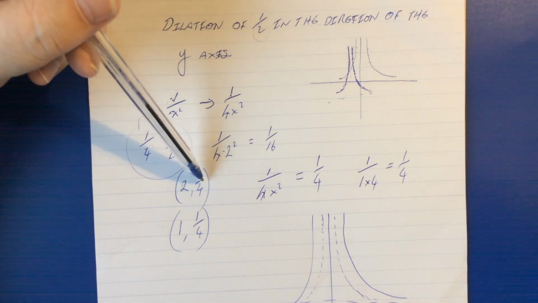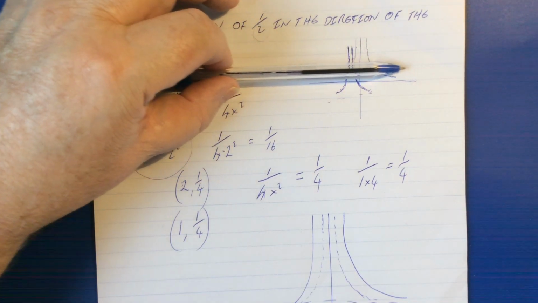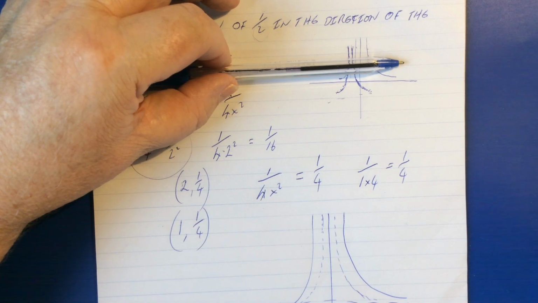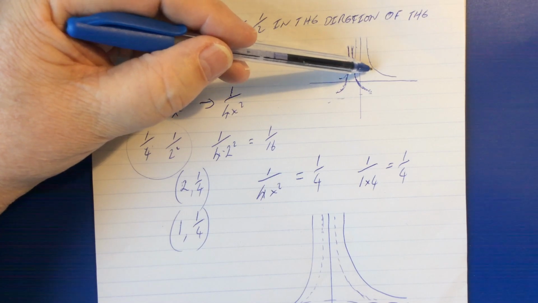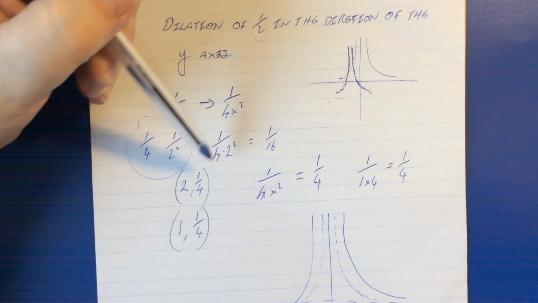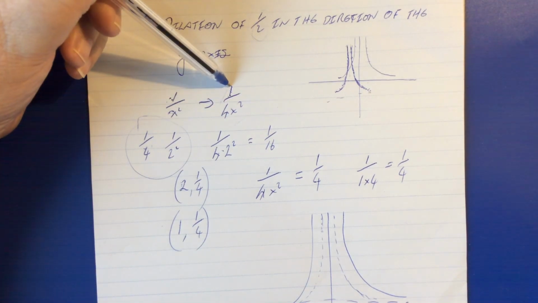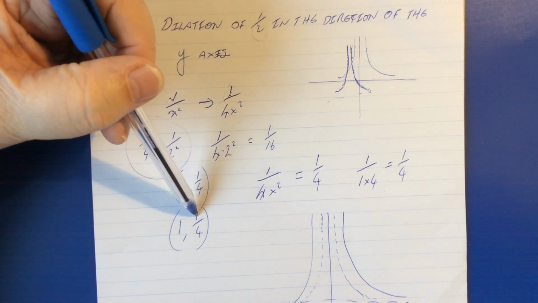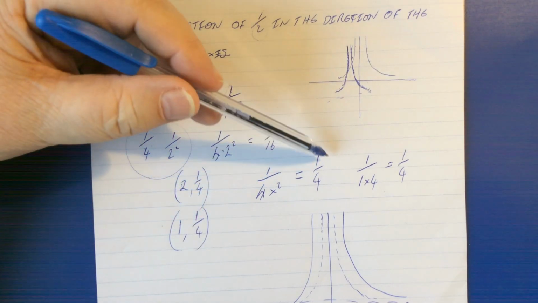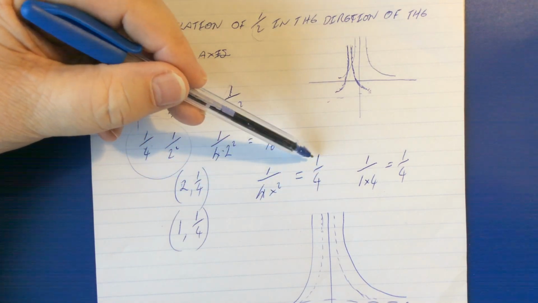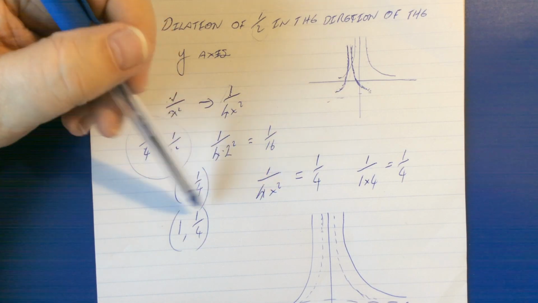Now what I really wanted to do was to wind up in the same horizontal plane vis-a-vis the axis here. So what I wanted to do was to find a number using this altered function that would give me 1/4. And it turns out that if I want to make this equal to 1/4, the answer is that x must equal 1.